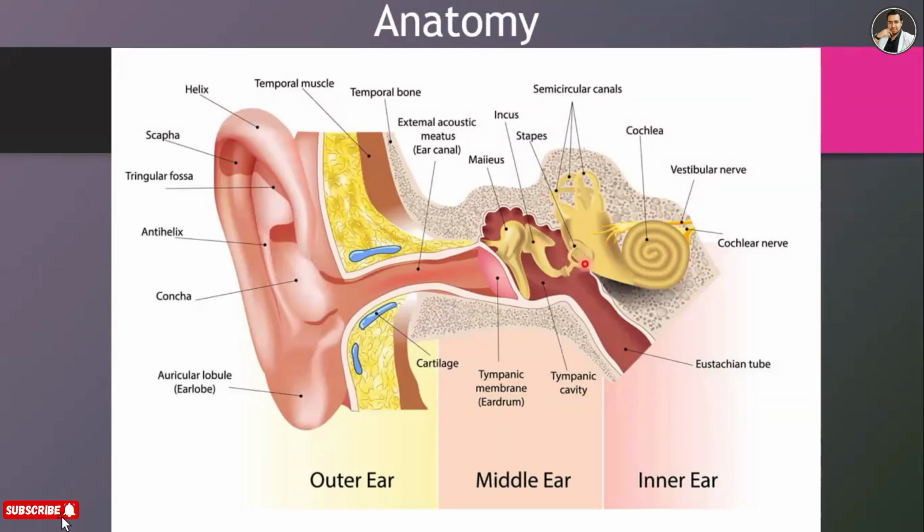Then if we go to the inner ear, we will find the vestibule and cochlea. This is the cochlea, and it looks like a snail. On top of this, there are three round structures, the semicircular canals.